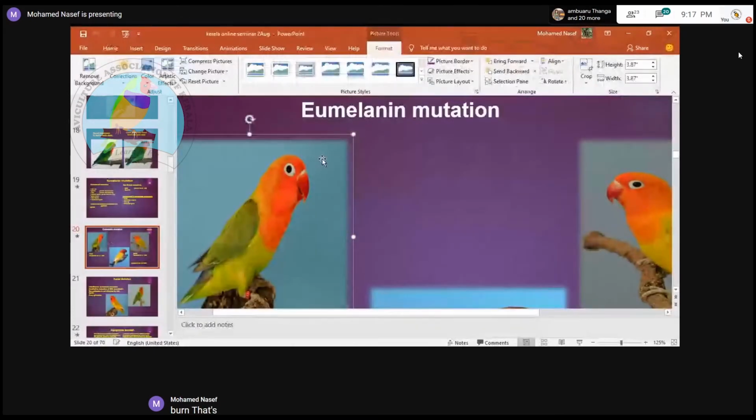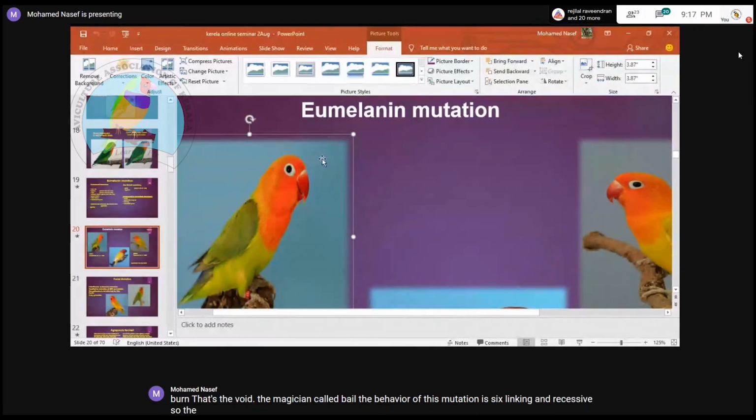That's why the mutation is called pale. The behavior of this mutation is sex-linked and recessive. So they call it sex-linked pale.